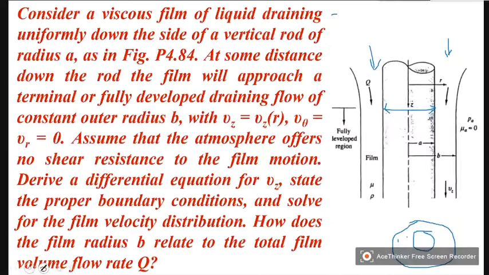So if I consider now, what will be the velocity here? The velocity here, this is stationary, not moving. So the velocity of the fluid here will be 0. And here something.